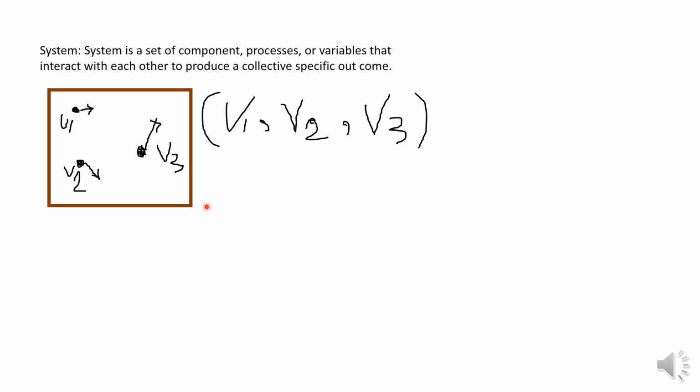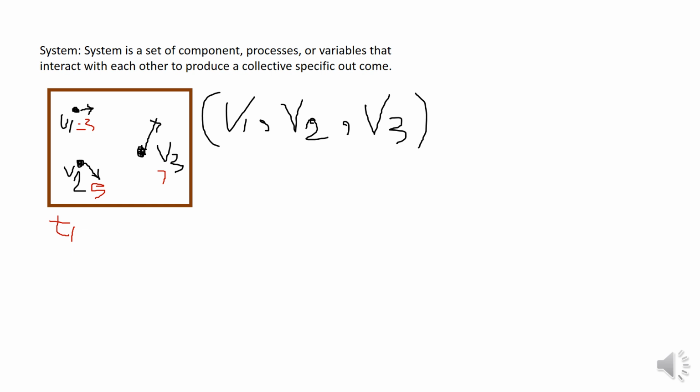Next, we consider what is meant by a state. A state can be defined as a possible situation, condition, or nature of a system. What this means is that, for example, at any instant of time, say t1, we have velocity v1 equal to 3, v2 equal to 5 and v3 equal to 7.